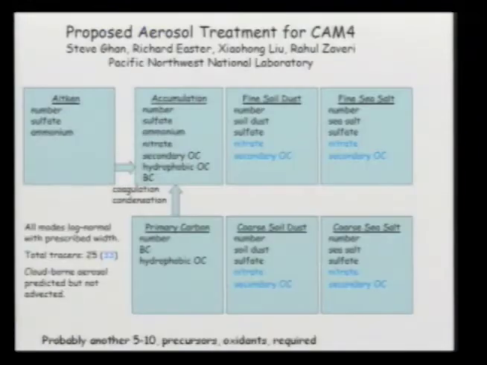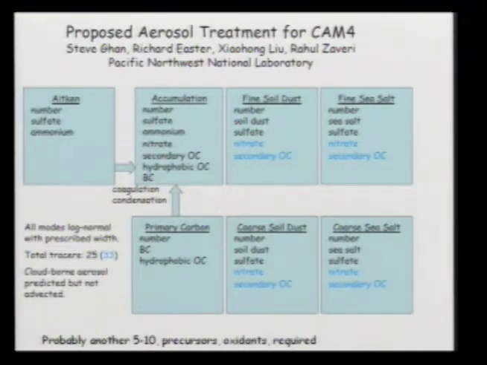The treatment that we're moving towards for CAM4, I've identified here, is going to have about 7 different categories. And within each category, we monitor a number and then the mass of certain components. So the Aitken mode is sort of the ultrafine mode, which through coagulation and accumulation processes changes to larger modes.